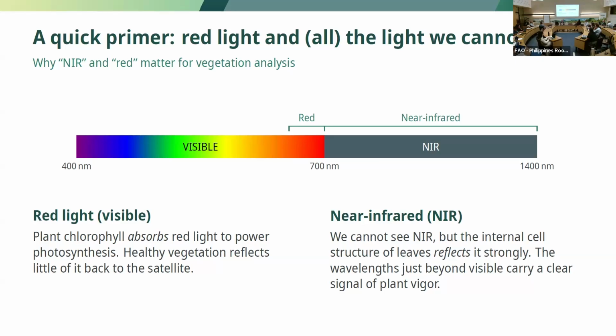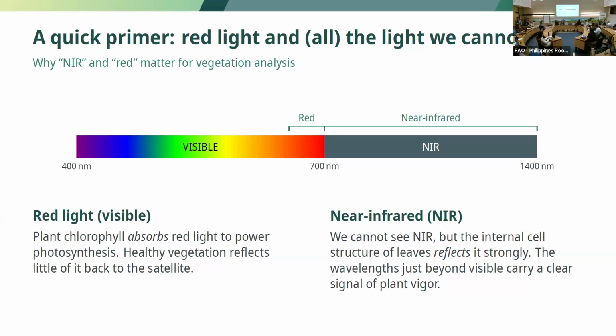And so if you want to focus in on vegetation, I think where NDVI comes from and why people are especially excited about it is because it has this particular pattern in the red and the near infrared portions of the electromagnetic spectrum. So red light, plant chlorophyll absorbs red light to support photosynthesis, and then healthy vegetation reflects little of it back to the satellite and your sensors.